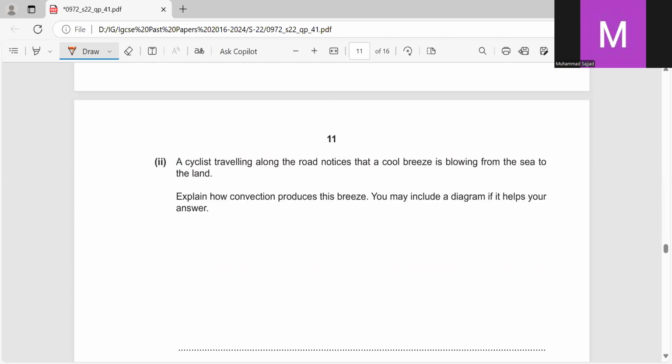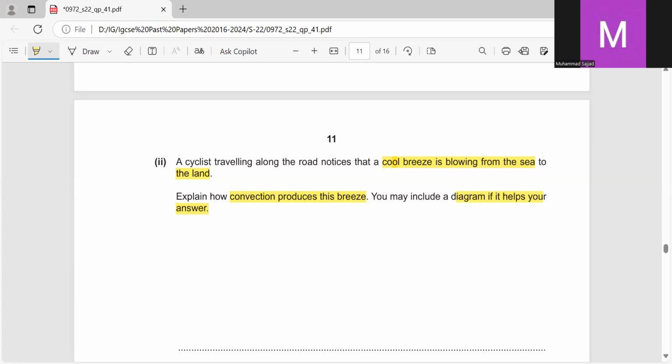Then, my dear friends, the next is a cyclist traveling along the road notices that a cool breeze is blowing from the sea to the land. Explain how convection produces this breeze. You may include a diagram if it helps your answer, but this is very simple.